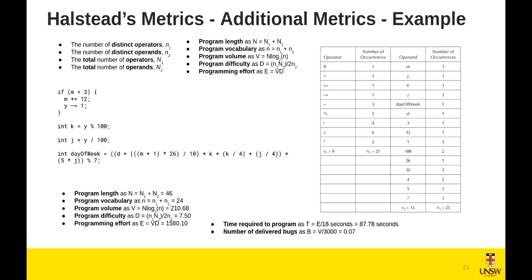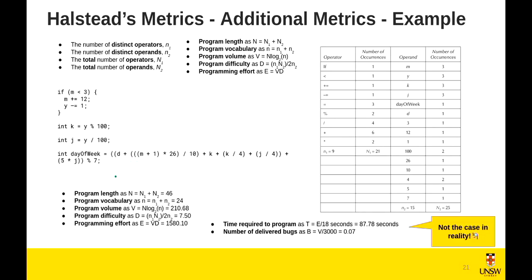And the number of delivered bugs is expected to be 0.07. Which means that we shouldn't have any bug if we write a program like this. But if you have done some kind of LeetCode practice, you may notice that this program is not easy to implement, and it could be very buggy if you actually implement this.